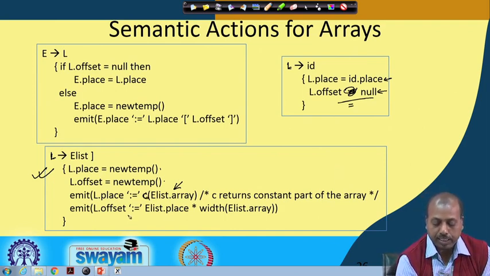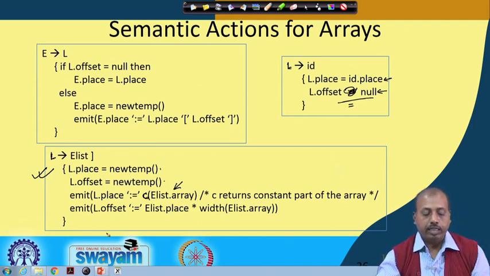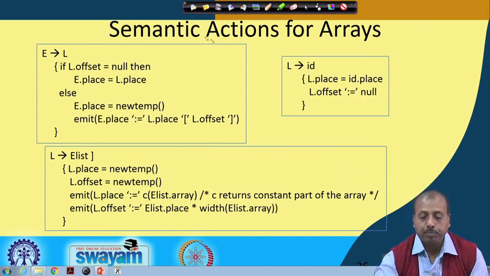L dot offset will be equal to E list dot place multiplied by width of E list dot array. Whatever E list dot place is, it has got the offset part, and that is multiplied by the width of the individual array elements for this particular dimension, and given to L dot offset. So this way it will work.